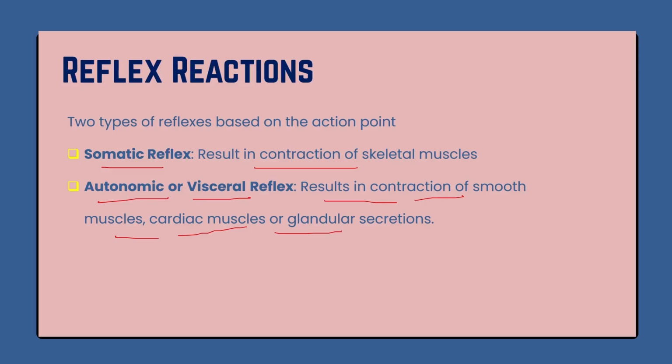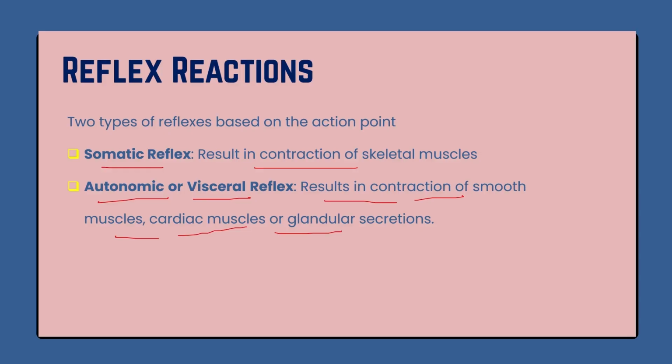First is somatic, which results in contraction of skeletal muscles, similar to the somatic nervous system, which was involved in voluntary actions related to skeletal muscles. So here the common point is skeletal muscles, okay? These are not voluntary or involuntary. Reflexes are always involuntary only. I am just telling you how you can connect it with the nervous system. Here the common point is skeletal muscles.